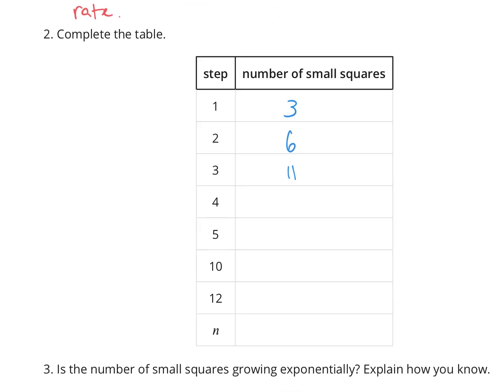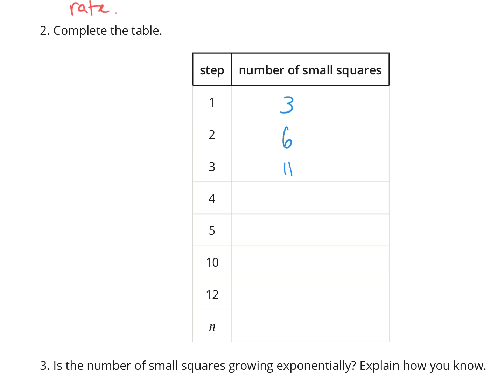So we can assume for step 4, if we square that, we have 4 times 4, which is 16, and then we add 2, which is 18. 5 times 5 is 25, plus 2 is 27. 10 would be 10 times 10, which is 100, plus 2 is 102. 12 would be 12 times 12, which is 144, plus 2 is 146. So I can represent that as an expression by doing n squared plus 2.